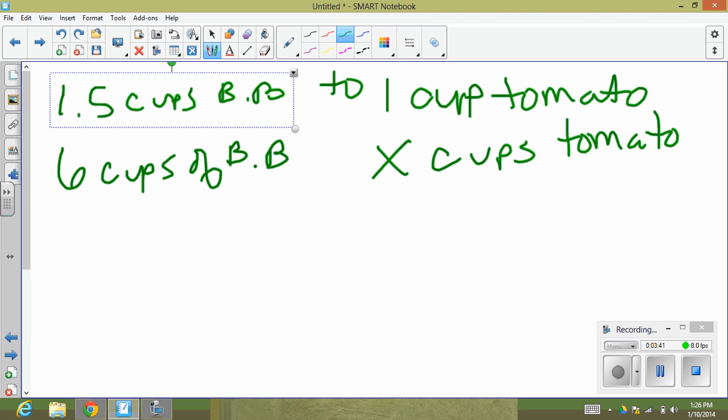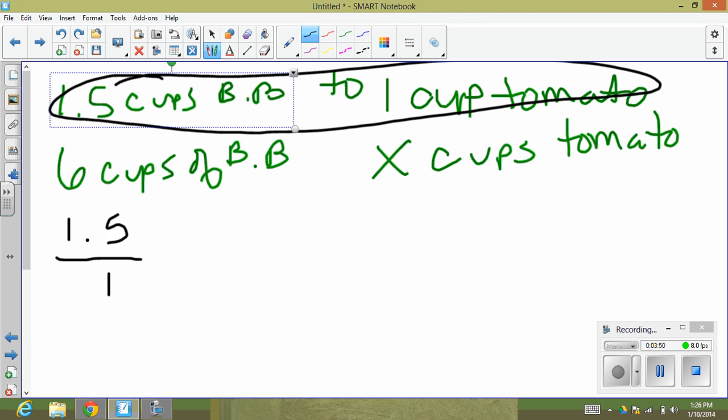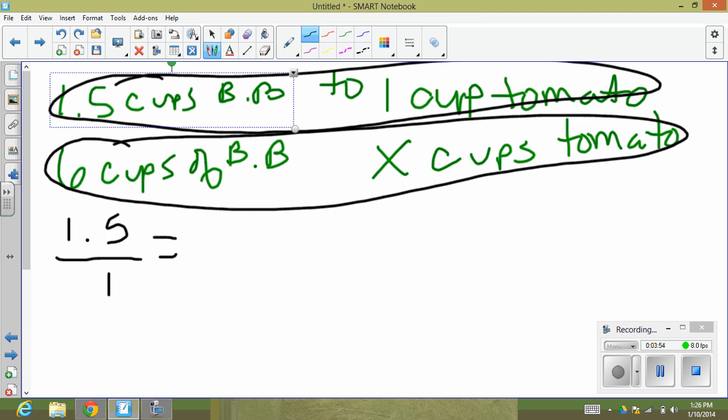So all we need to do is write this as a ratio. 1.5 over 1. We took this first scenario up here and we're going to set it equal to this scenario here. So we're going to take 6 over x.